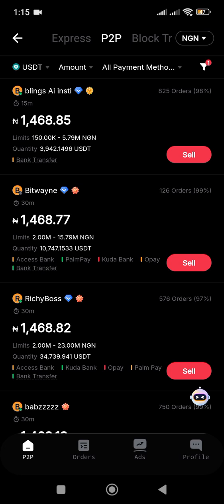They will scam you, and the exchange cannot even help you recover your money, because there's nothing to prove that you paid to them. You paid to an account that does not bear the name the person is answering on that exchange platform. So there are a lot of things to avoid in order not to be scammed on the P2P platform.